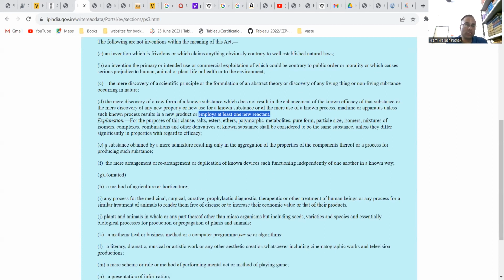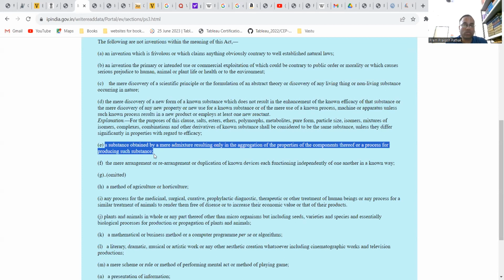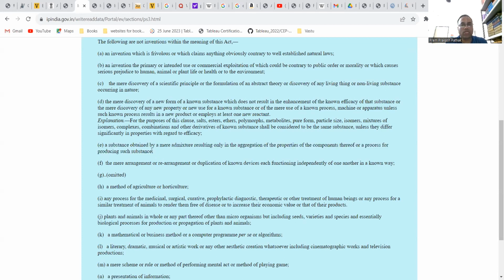Now, section 3E. You can just remember, similarly, here the word is admixture, resulting only in aggregation of the properties of the components thereof, or process for producing such substance.